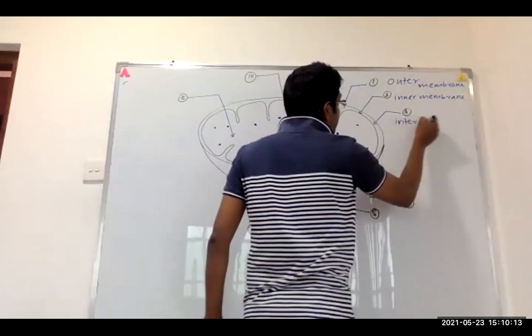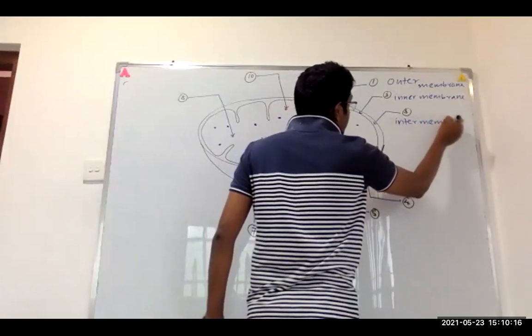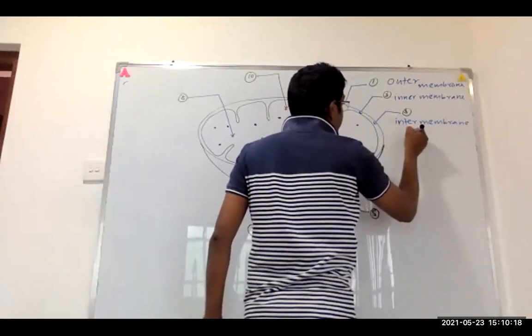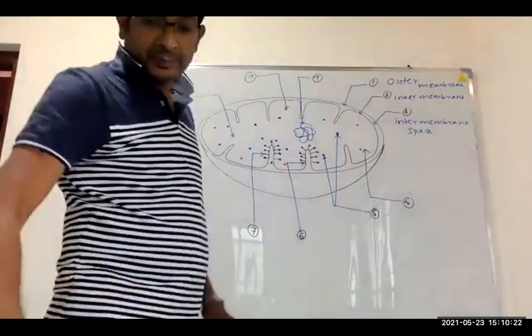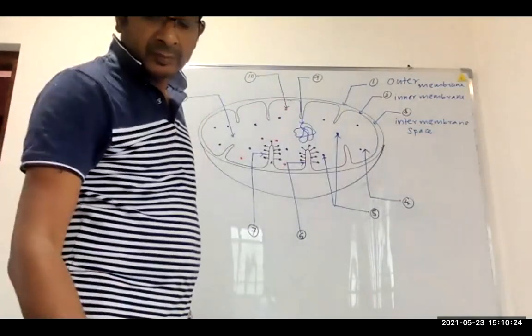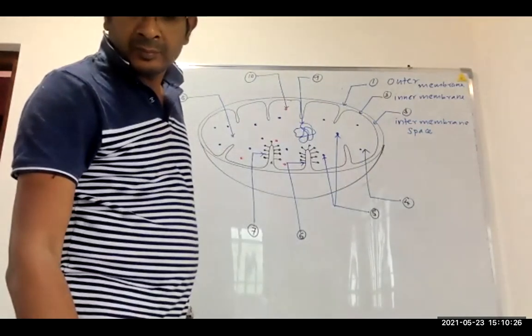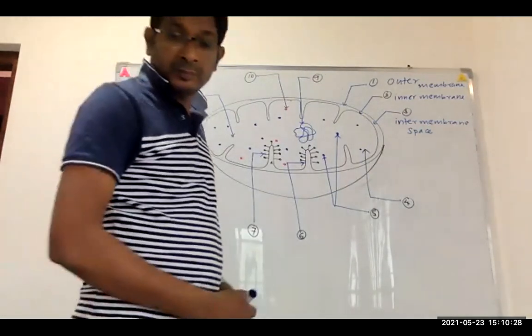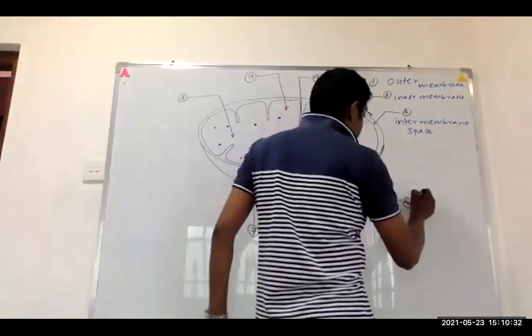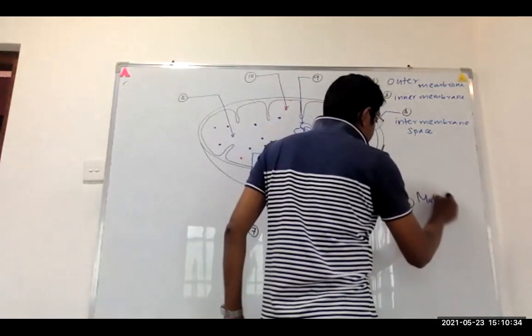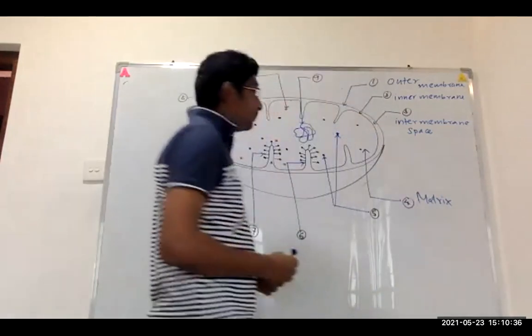Third one, intermembrane space. Fourth one, matrix.